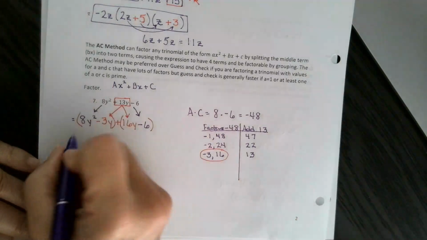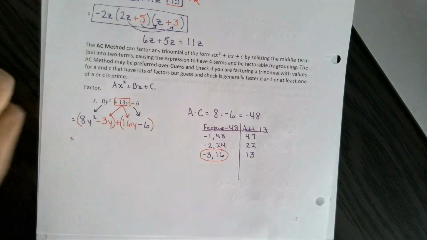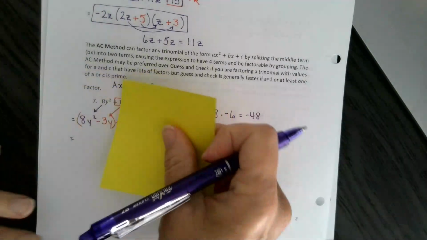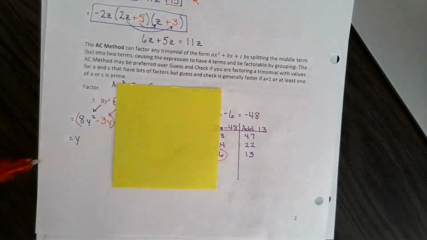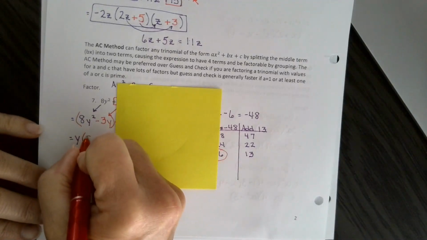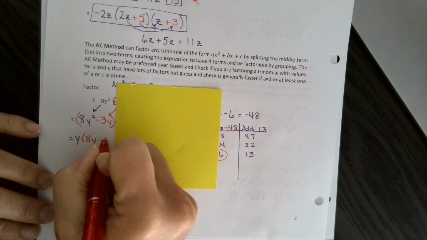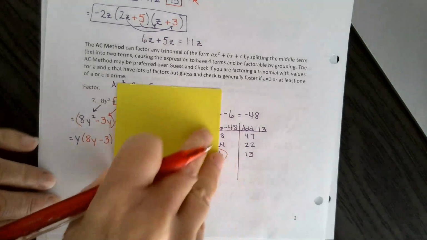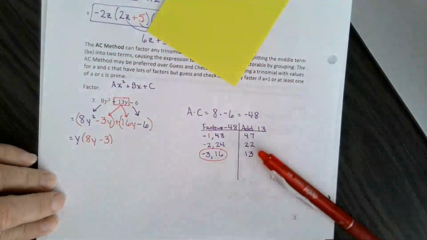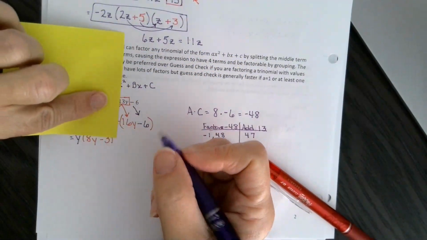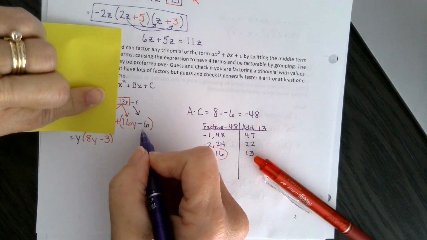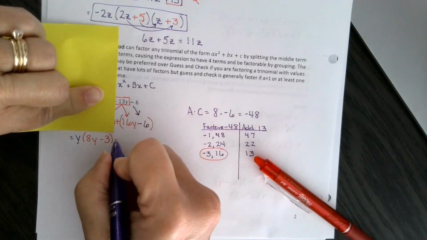So I'm first going to look at this part right here, and pull out a y, and I'm left with 8y minus 3. Now I'm going to look at what the common factor is here, because this is positive, it's going to be a plus.